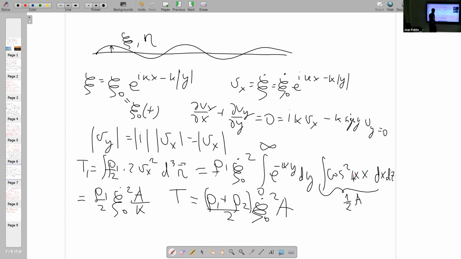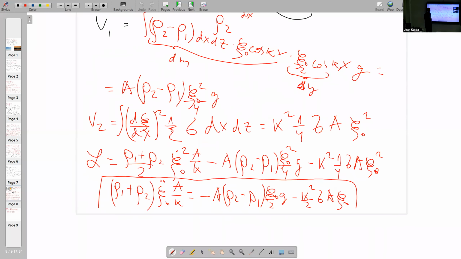And when we add up, we have rho 1 plus rho 2. Now let us see on next page what about those things over there. Potential energies.